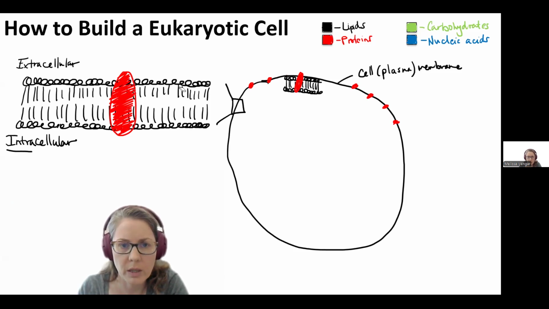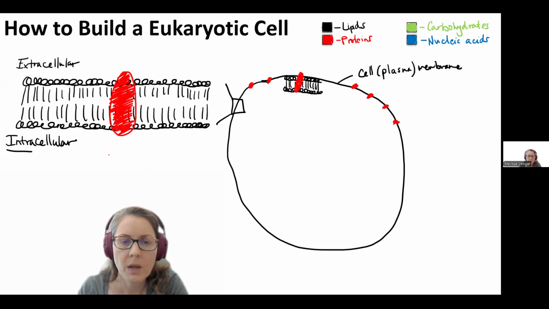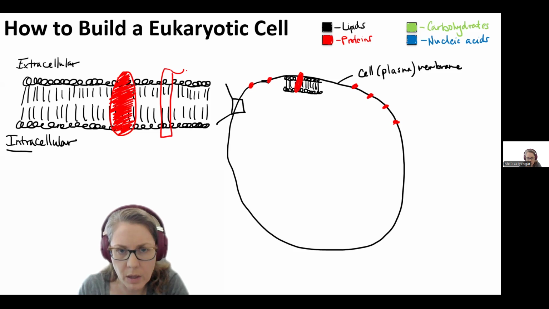Some of those proteins, and this is going to be a little bit difficult, so I'll figure out how to do that, also need to go through the channel. So I'm going to draw what looks like a hot dog bun. Maybe less like a hot dog bun, but it's going to create a channel through my membrane.